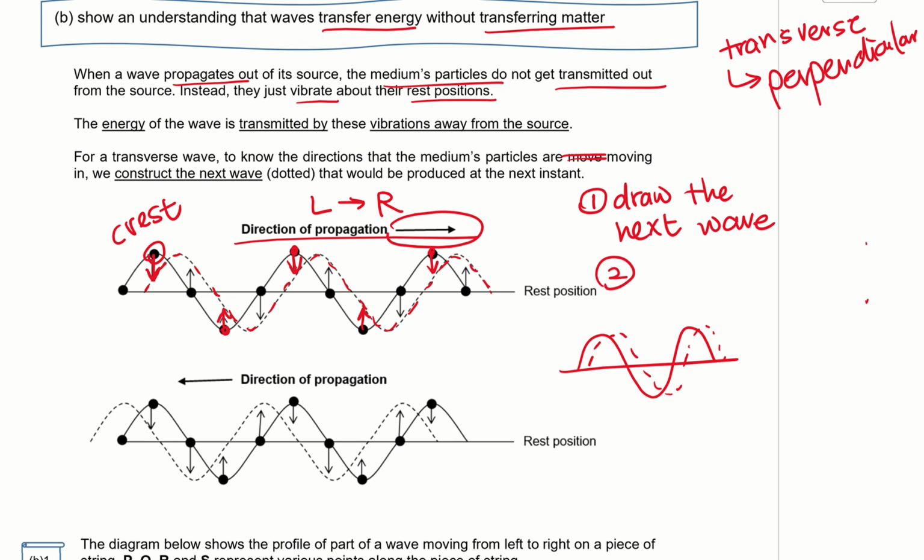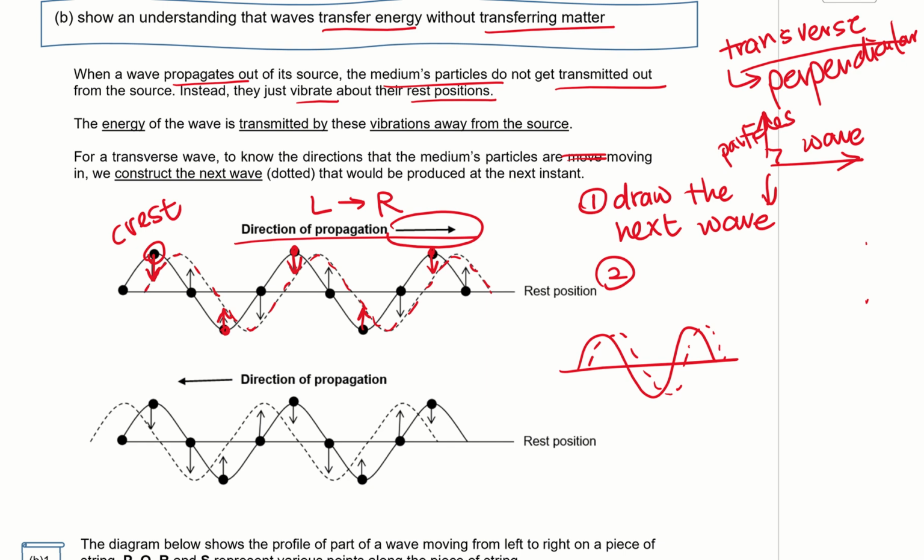So if the wave is going from left to right in this case, the particles will be moving up and down because we are talking about transverse. To form a direction, they will be moving perpendicular to the wave direction, so the particles will either be moving up or down.